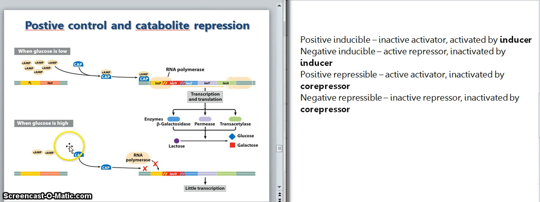Likewise, when glucose is high, cAMP levels drop, and these alternative pathways get shut down. Two take-home messages: cAMP is directly tied to glucose levels and induces the activation of alternative pathways to glucose metabolism, and operons can be both positively and negatively regulated at the same time.